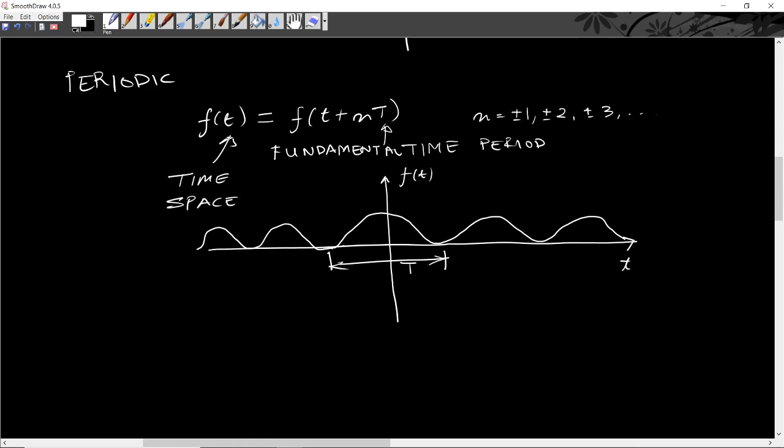Just because we have to choose some variable to do our analysis, let's go ahead with the independent variable time, although the same analysis also applies for space. Many times any physical phenomenon will exhibit periodicity in both space and time. For example, we have wave phenomena.